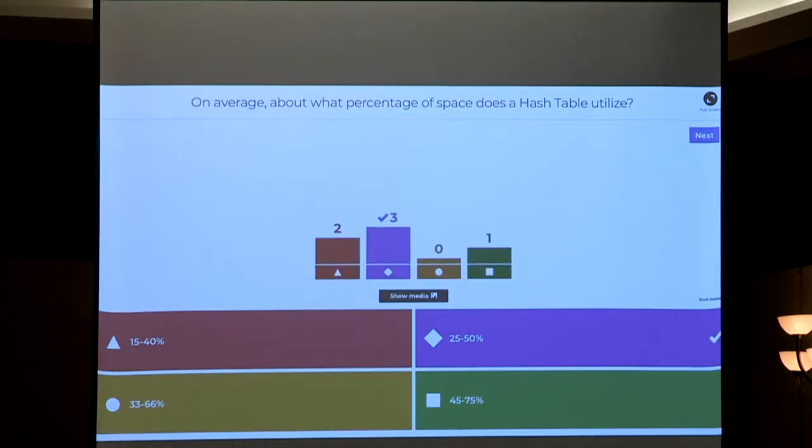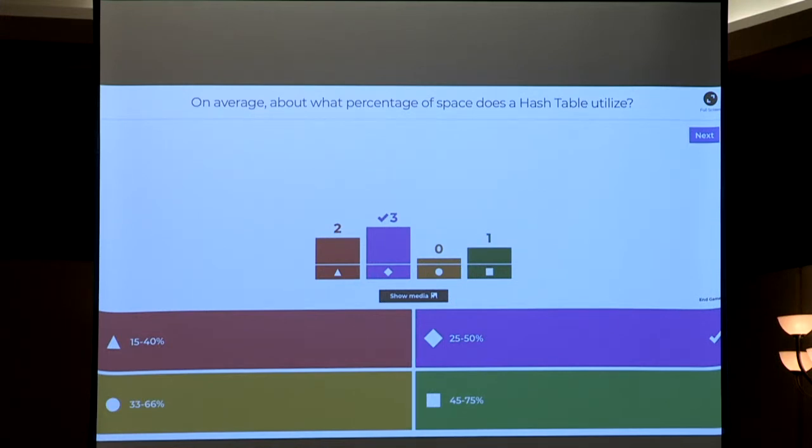(25 to 50%). Okay, so most of you got that. I can see why you might think the red one. And maybe that is actually right, like on average, maybe. But if you use linear probing, maybe you can work out 15 to 40%.